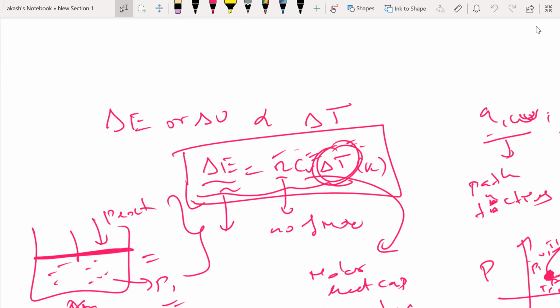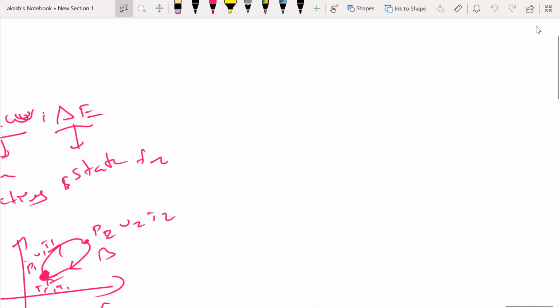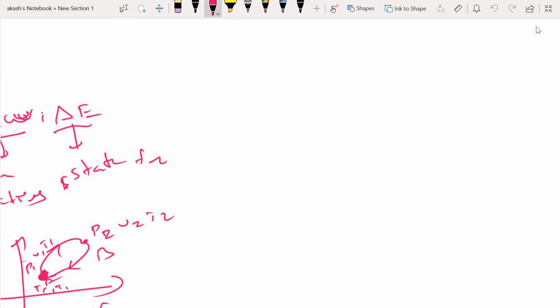5.6, plus or minus anything. Okay, we'll check. So we have W is equal to minus P external into delta V. So what is the external pressure here, people? 1 atm.